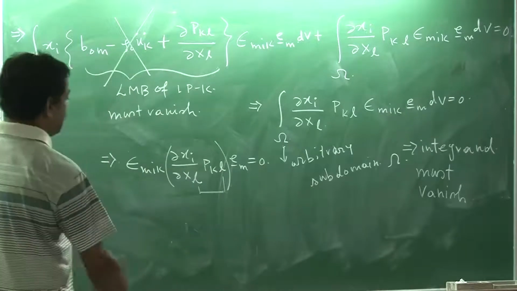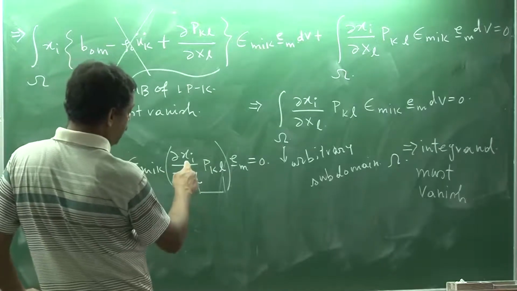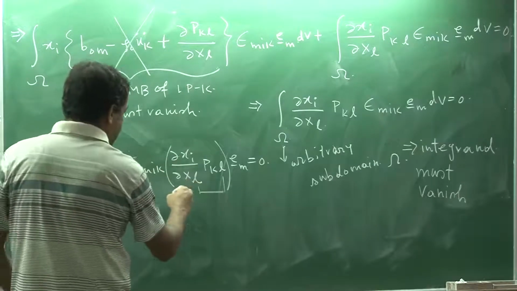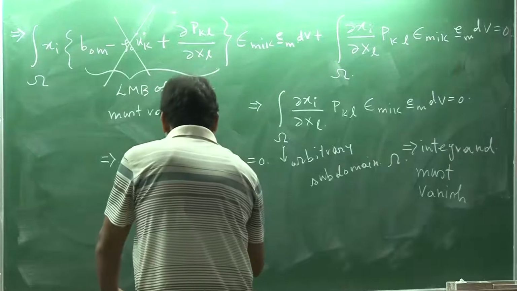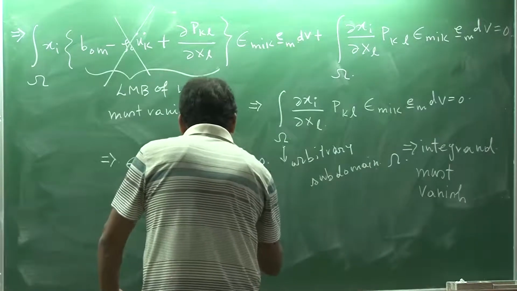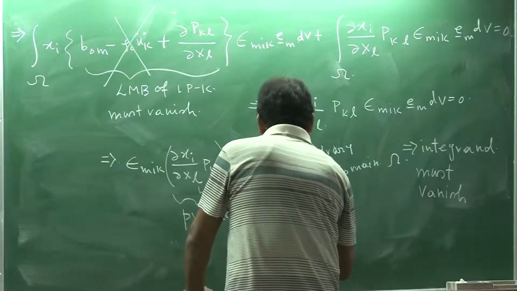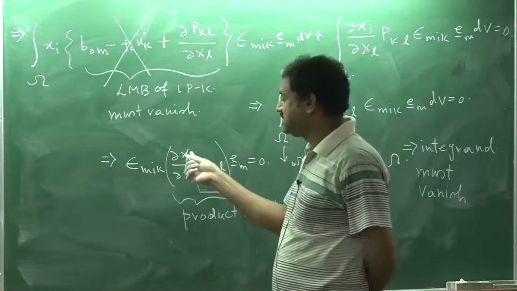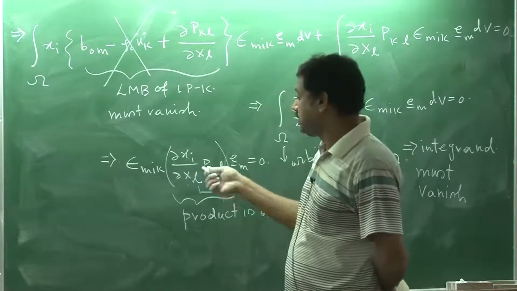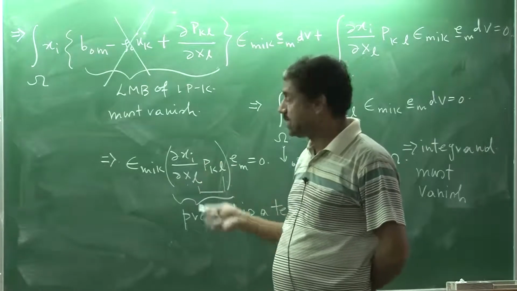L is a repeated index. So, if you carry out this product, this product is a tensor, right. Why is it a tensor? Because this is a tensor of rank 2, this is also a tensor of rank 2. So, when you take the product and L is a repeated index, it will be what?